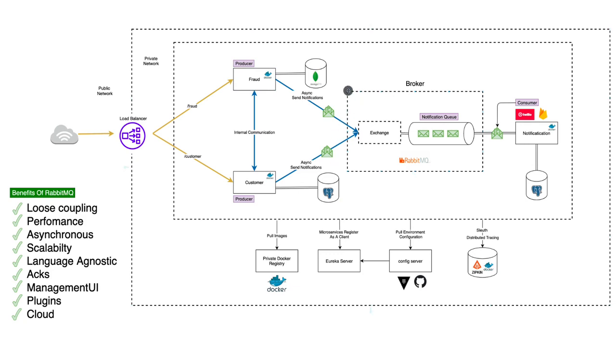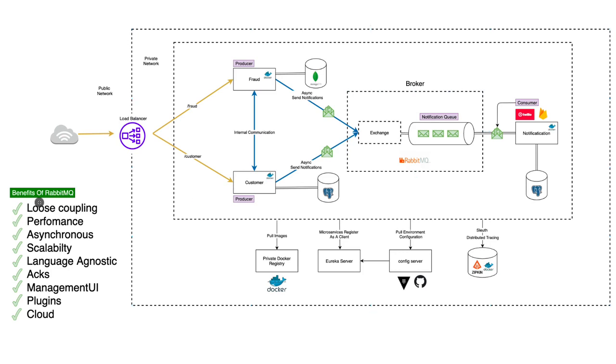The messages go through the exchange. The exchange routes to the queue. Inside here, this is the broker. And then outside, we have the consumer, which can be any microservice that is configured to pull messages from this queue.